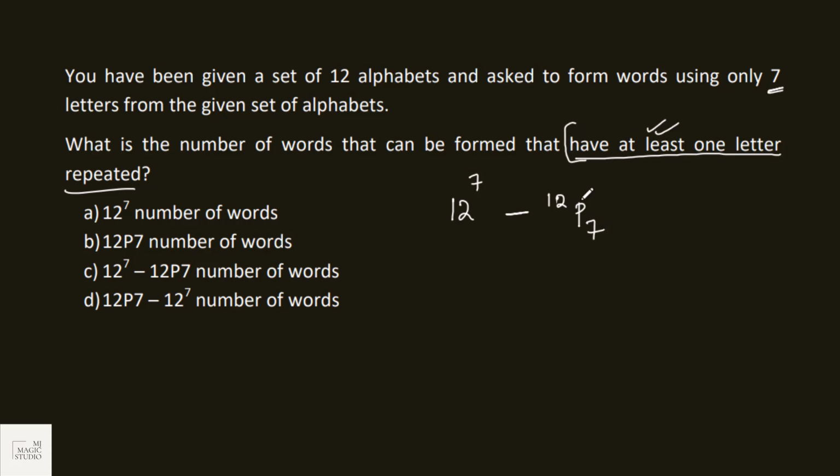If they ask at least one letter is repeated, this always means repetition allowed minus repetition not allowed. Repetition allowed formula is n to the power r, and repetition not allowed formula is nPr. Out of 12 alphabets, this is n, this is r. So it would be 12 to the power 7 minus 12P7, and that features in option C.